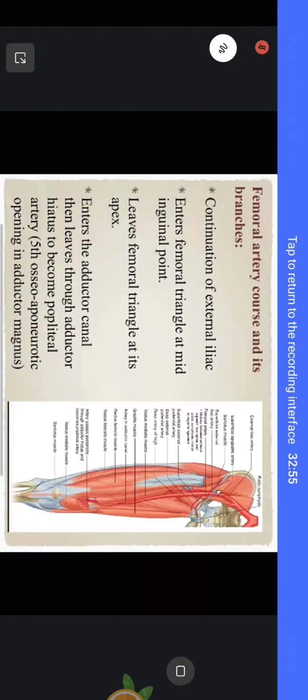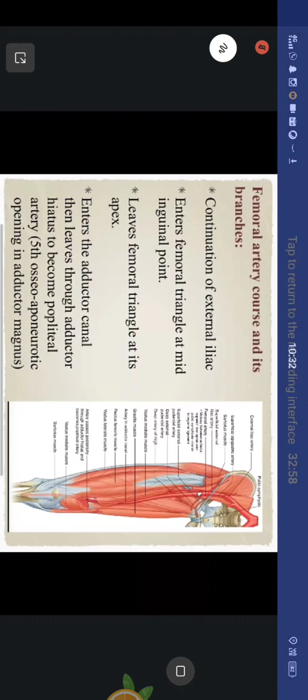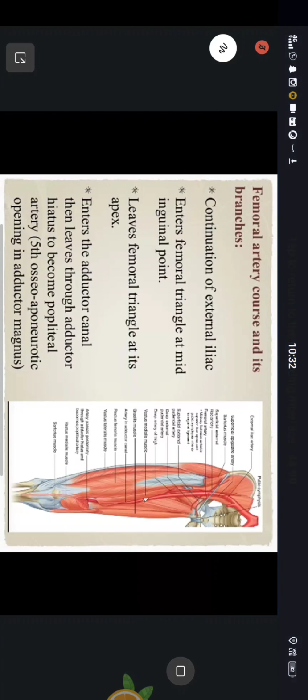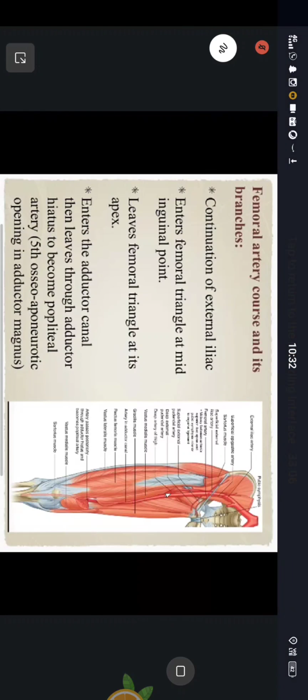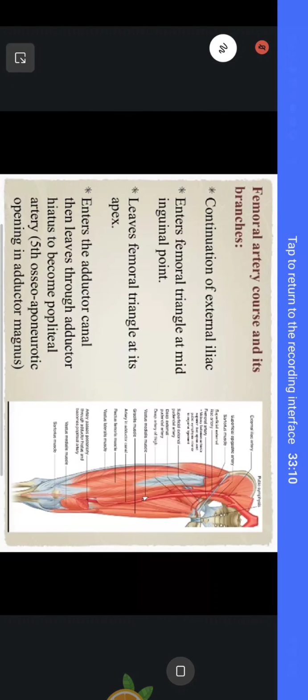This femoral artery runs downwards in the femoral triangle up to the apex of the femoral triangle. See, where I am focusing the cursor, you can trace out this entire femoral artery.